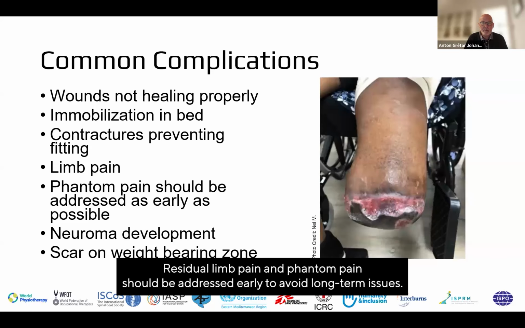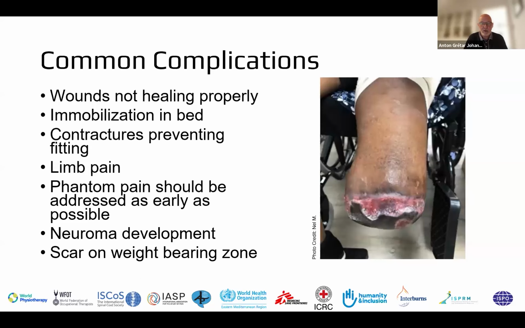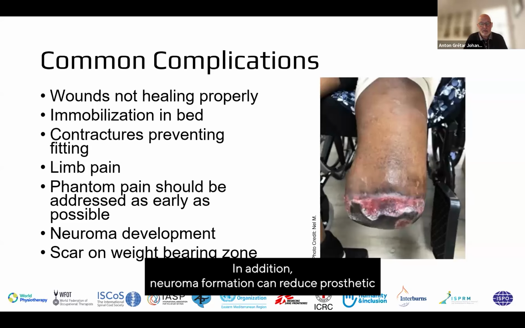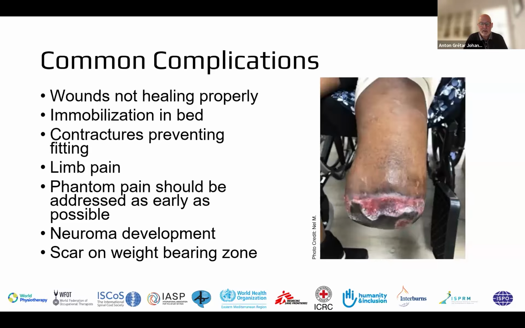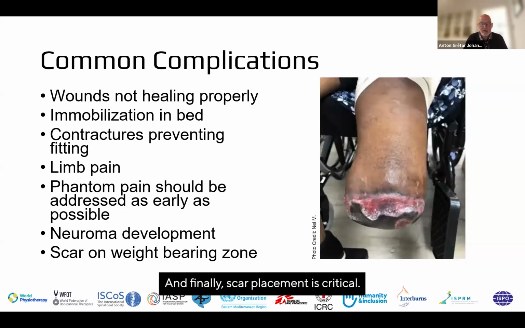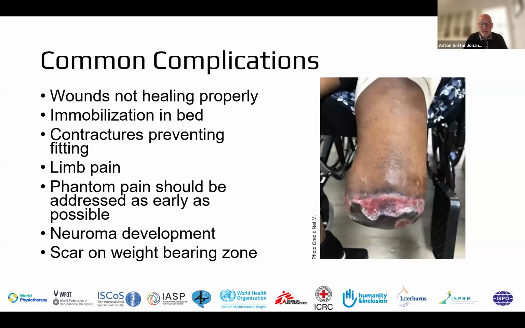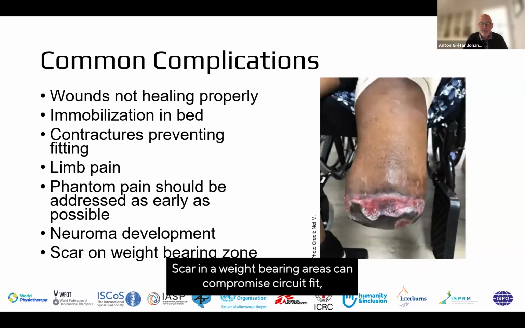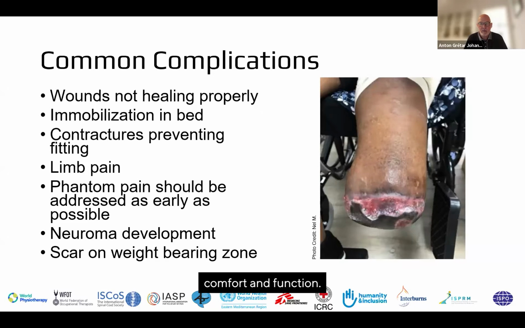Residual limb pain and phantom pain should be addressed early to avoid long-term issues. In addition, neuroma formation can reduce prosthetic tolerance. And finally, scar placement is critical. Scars in weight-bearing areas can compromise socket fit, comfort, and function.